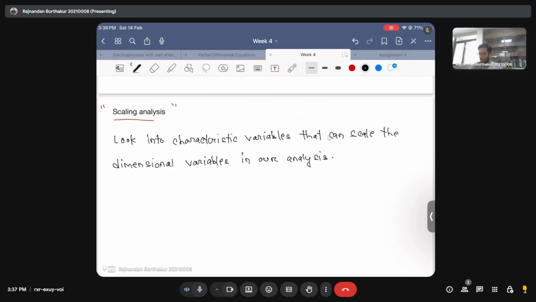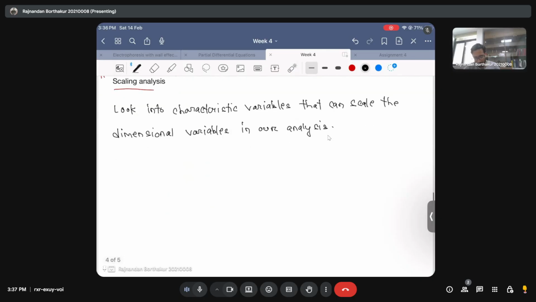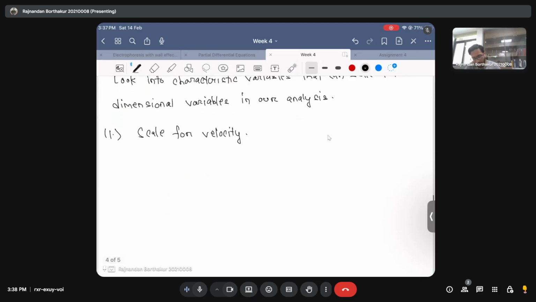Okay, so let's first look at the scale for velocity, and this will make things very clear. The first example that we will see is choosing a scale for velocity, or what precisely is characteristic velocity. So for this, let's take a prototypical example of a fluid that is flowing through maybe a cylindrical pipe, a fully developed flow through a cylindrical pipe.